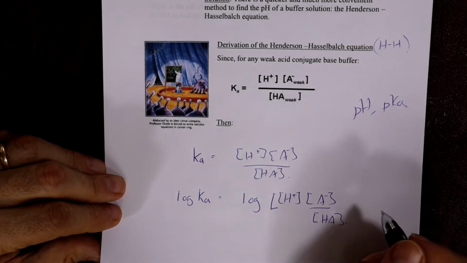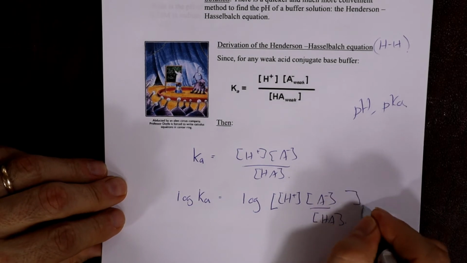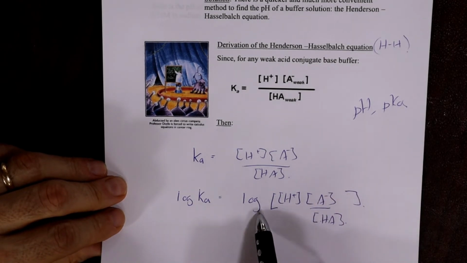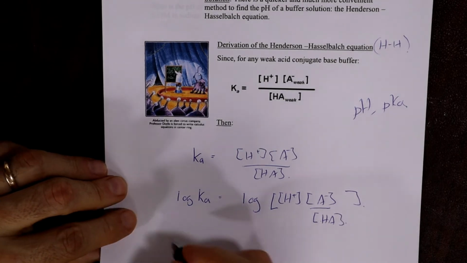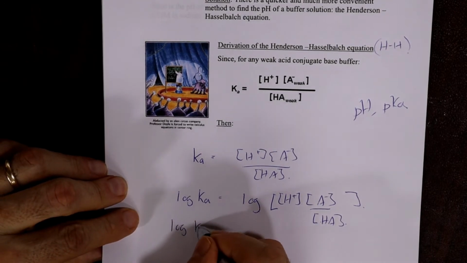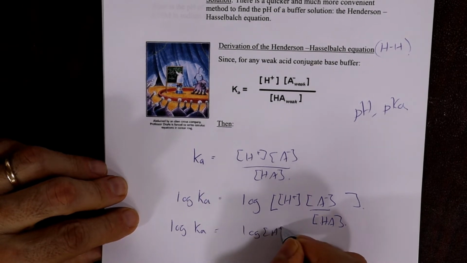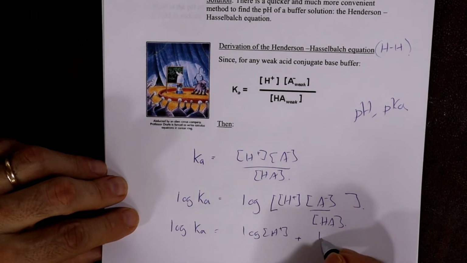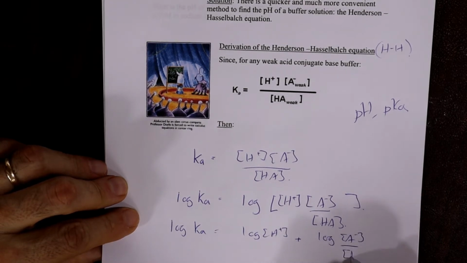Now, real quick, the log of something times something is the logs added together. So log Ka equals log of H plus plus log of A minus over HA.